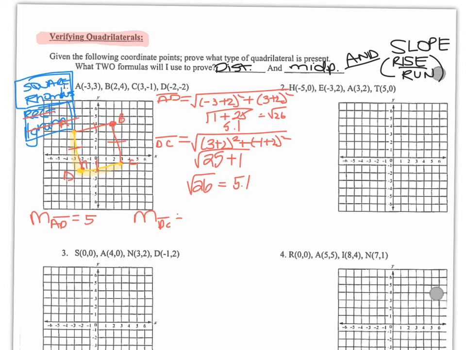So that's 5. Nope, I lied. It's negative 5. And then DC, rise 1, run 1, 2, 3, 4, 5. DC is 1 over 5. So are my slopes perpendicular? In order for slopes to be perpendicular, they have to be opposite reciprocals, which sure enough they are. So I can conclude that this is a square.